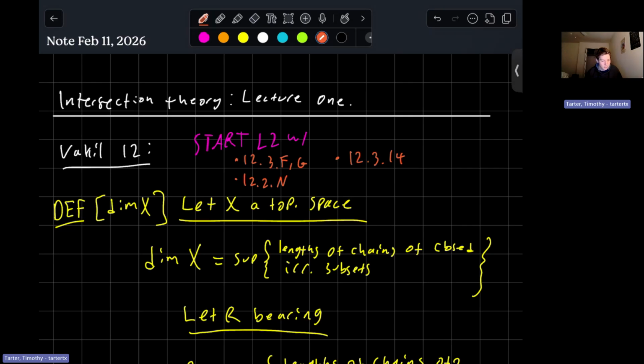That will extend 12.2.18, lines on hypersurface part 1, which was 12.2.n. So it makes sense to end here and then start tomorrow with these two.